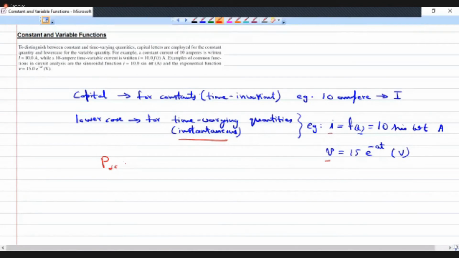The DC power is the product of the voltage and the current, so we are using capital V and capital I. Whereas when we want to say the instantaneous power in AC, we use the small p, which is the product of the small v into the small i.